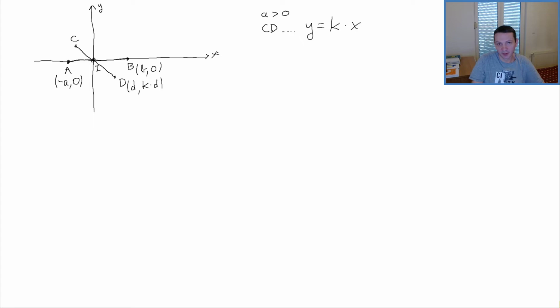Because it lies on this line. So we shall denote also C with a minus in this notation, like minus C comma, and the second coordinate is minus k times C. Okay.